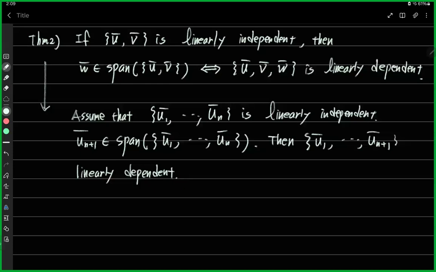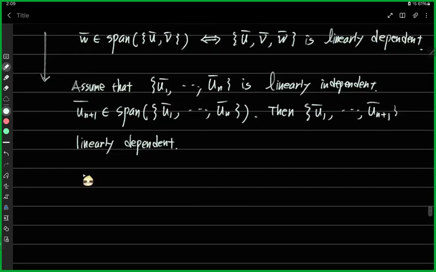Okay, let me express this in another way using matrices. Let's say A is the matrix with columns u1 through un.